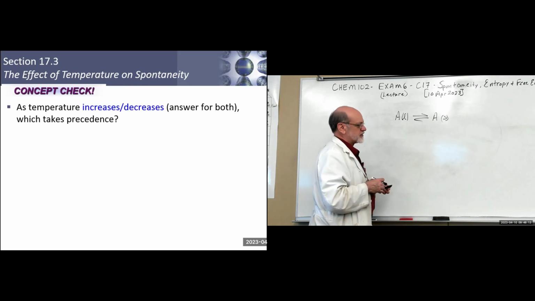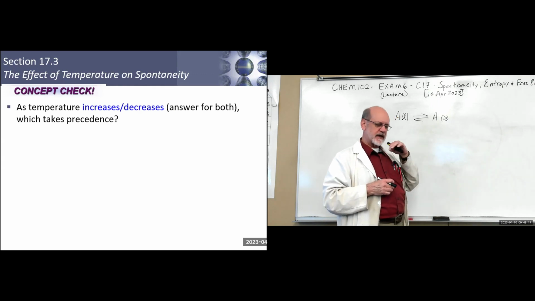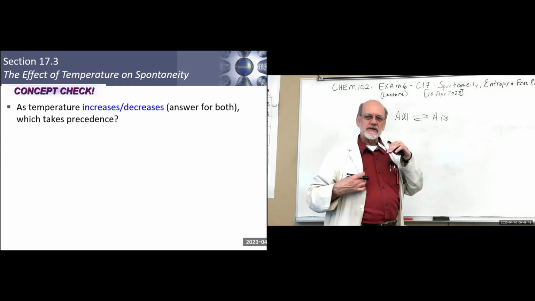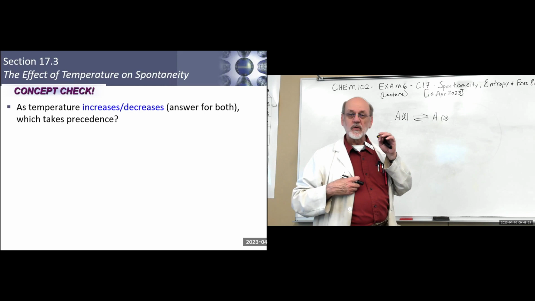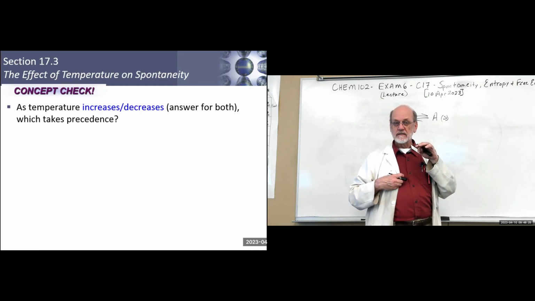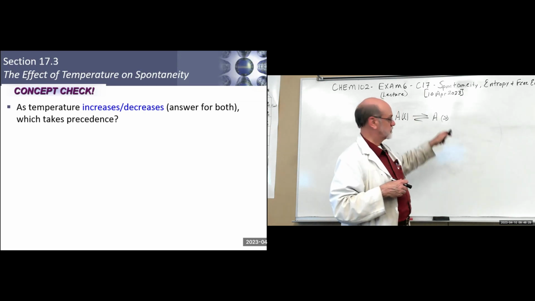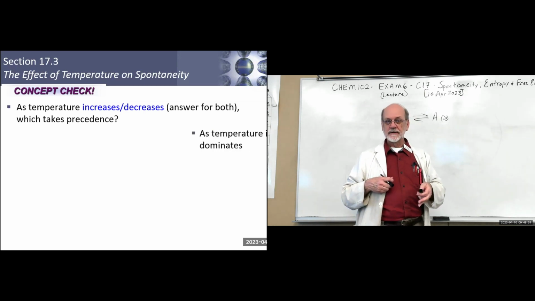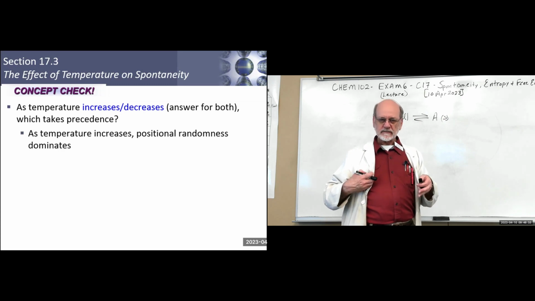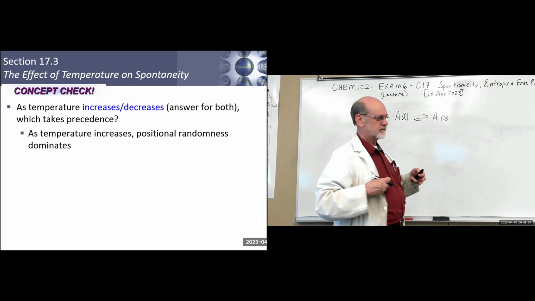What we're trying to do is get a balanced understanding of positional versus energy randomness. So as the temperature, what does it do? Increase or decrease? Which takes precedence when we go through this change? As temperature increases, the positional randomness dominates.